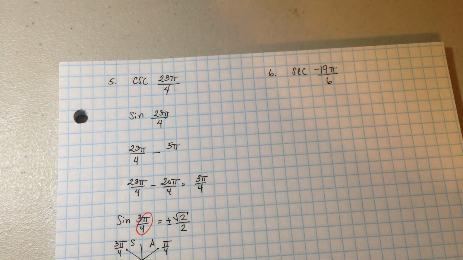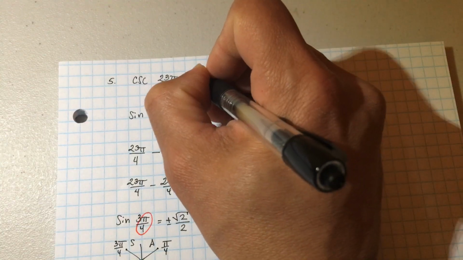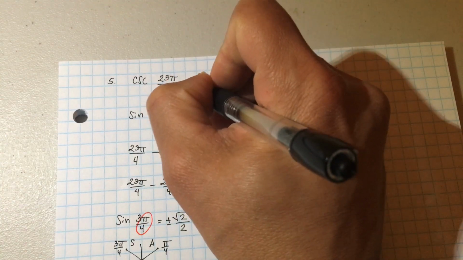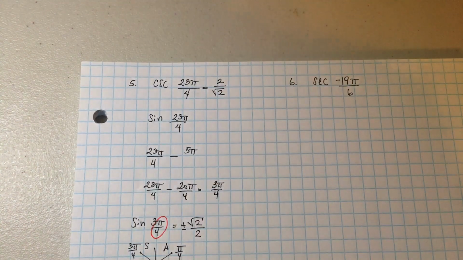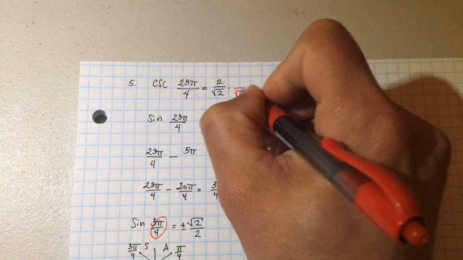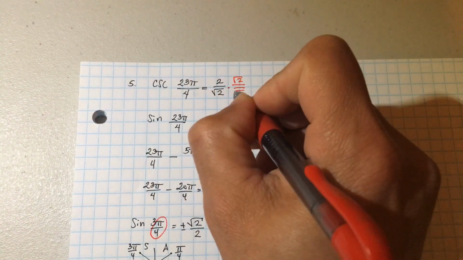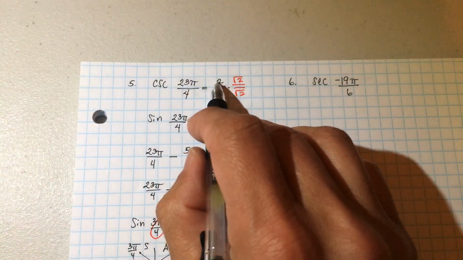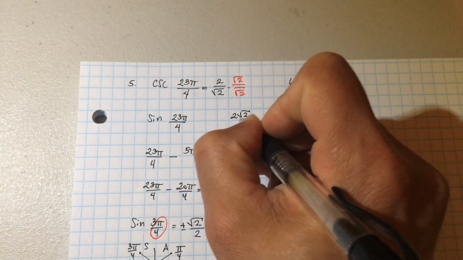So we're going to come over here, and this is going to become 2 over square root of 2. But your professor's not going to allow you to leave it like that. You're going to have to rationalize it. So you're going to multiply it by square root of 2 over square root of 2. 2 times square root of 2 gives you 2 radical 2.